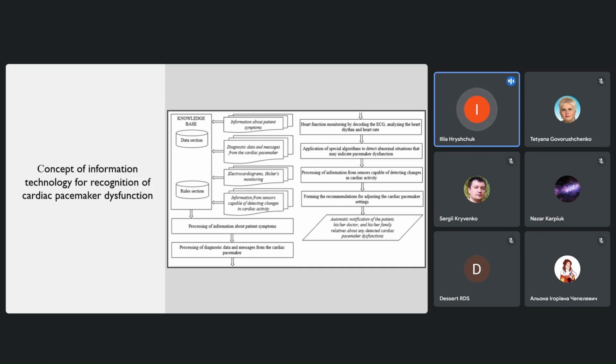Based on all this information, it forms the recommendation for adjusting the pacemaker if needed, and automatically notifies the patient and the doctor in this case.